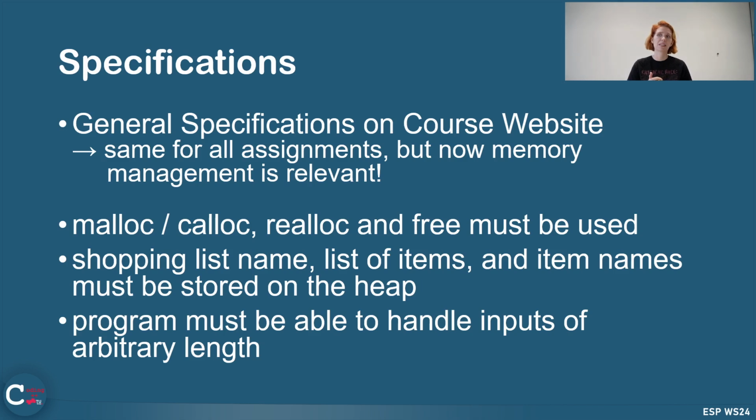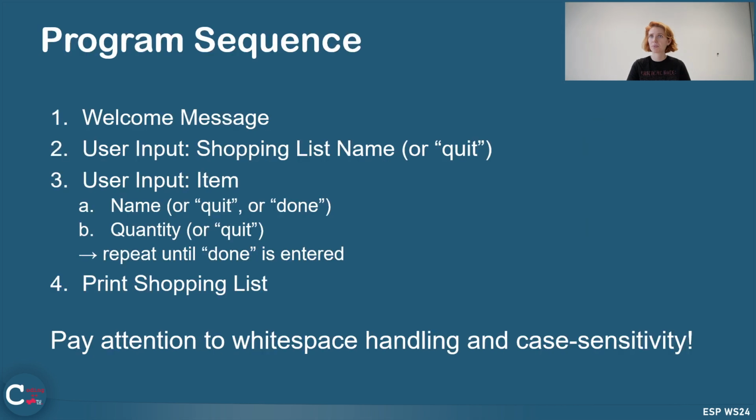And the program must be able to handle inputs of arbitrary length. This arbitrary length thing was already part of A2, where you had to find a solution to discard input that was not needed. In this assignment, you need to store everything the user puts in, so that's why you need to use dynamic memory, because you don't know how long the shopping list name, for example, will be. And there is no limit on that in this assignment.